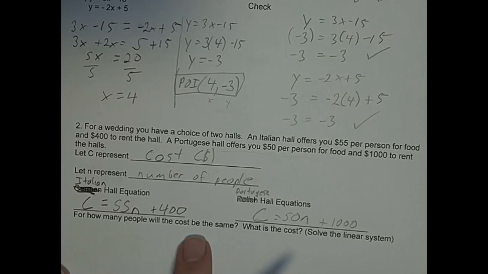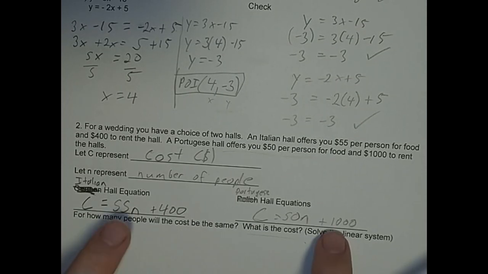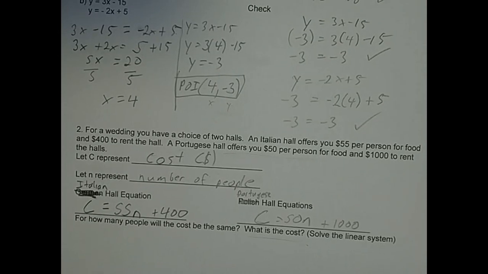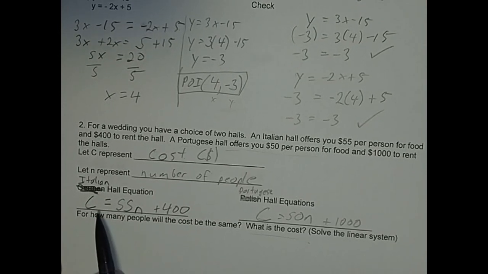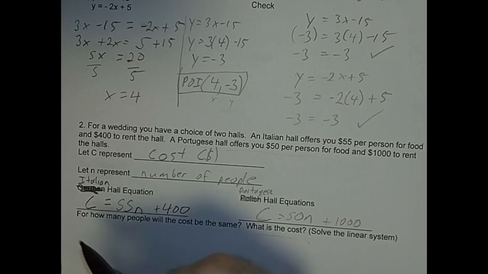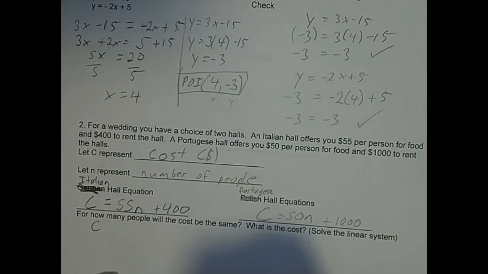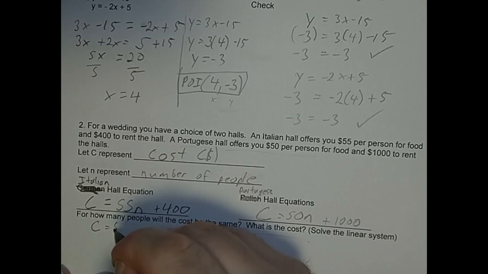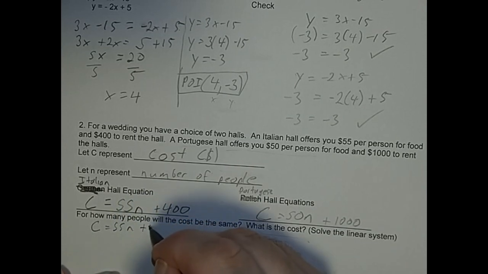For how many people will the cost be the same? What is the cost? So when will these 2 costs be the same? So basically we're solving a linear system. You have C equals this and C equals that. So let's write them out underneath here. C equals 55N plus 400.